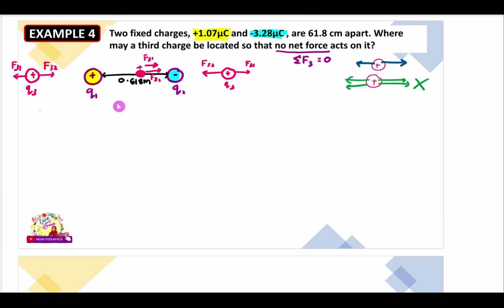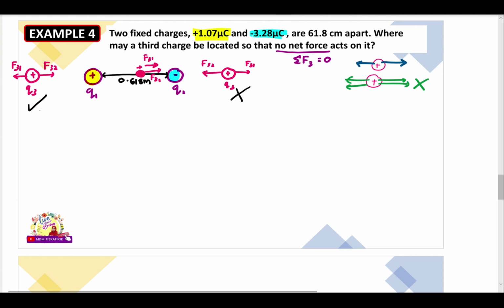So bandingkan Q1 dengan Q2. So kita akan pilih position yang paling tepat in order to get the total resultant force on Q3 is equal to 0. We will choose this position, sebab dia lebih dekat dengan smaller charges, iaitu Q1 tadilah. So sekarang kita tak pilih yang ini. So ini yang paling tepat.